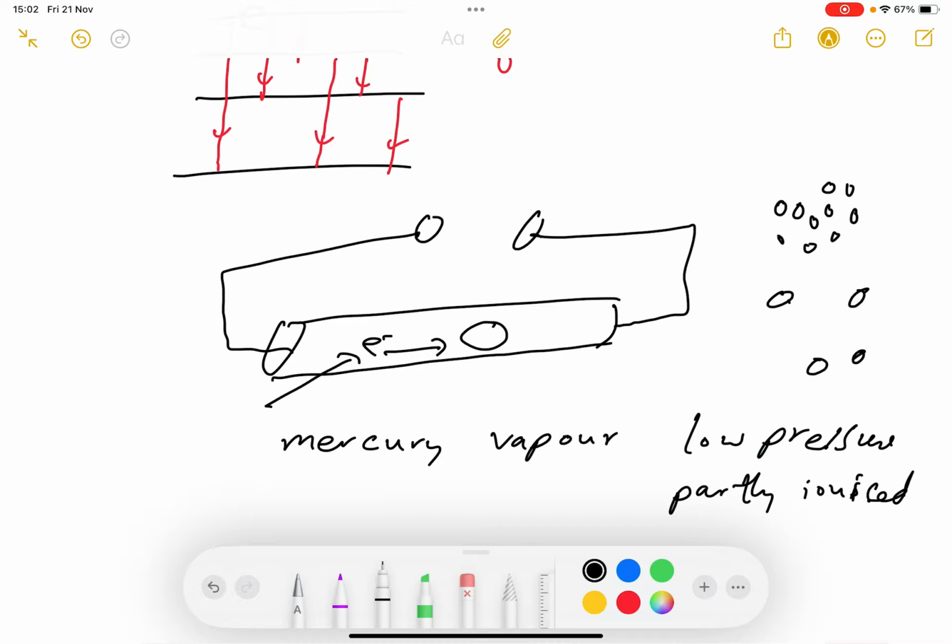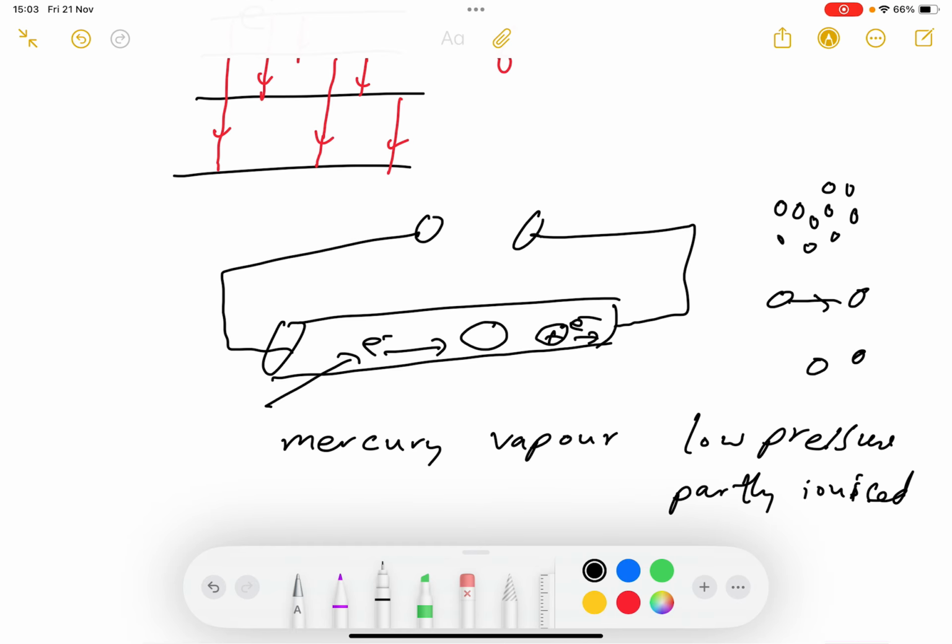So it gains more energy between collisions, more likely to have sufficient energy to cause an excitation. And we need electrons to go down the tube. So if the odd atom isn't ionised, we won't have any electrons to accelerate down the tube. So partly ionised, so there are electrons. Low pressure, so the electrons move more distance and gain more energy between collisions.